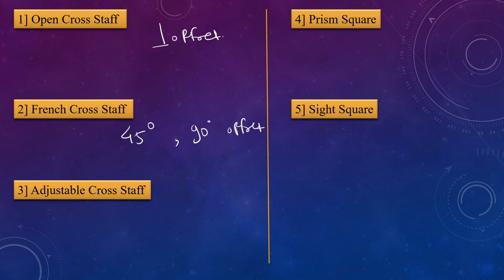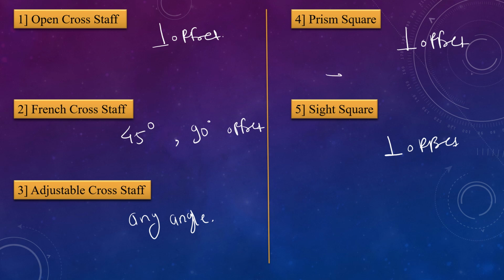Then the adjustable cross staff is used to draw any angle offset. Then the prism square is used to draw the perpendicular offset, and next the side square is also used to draw the perpendicular offset.